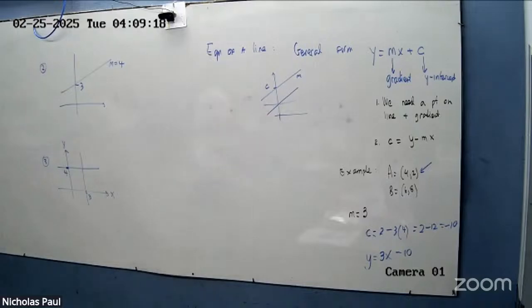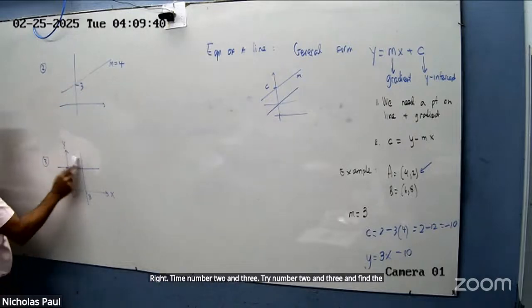All right, take a look at number 2 and 3. Try number 2 and 3 and find the equation here, here, and here.